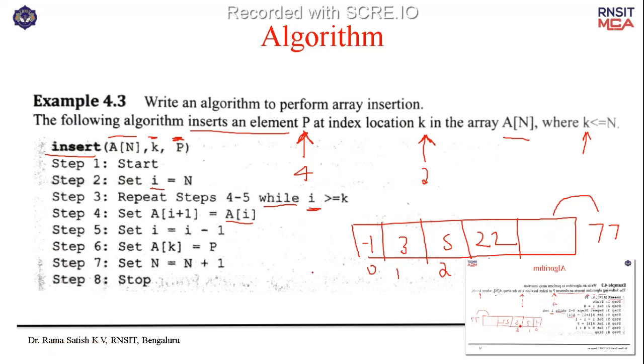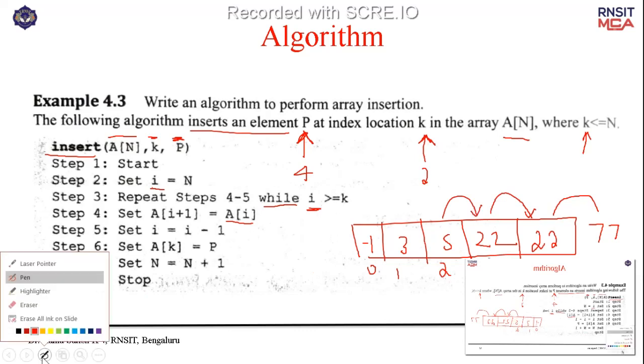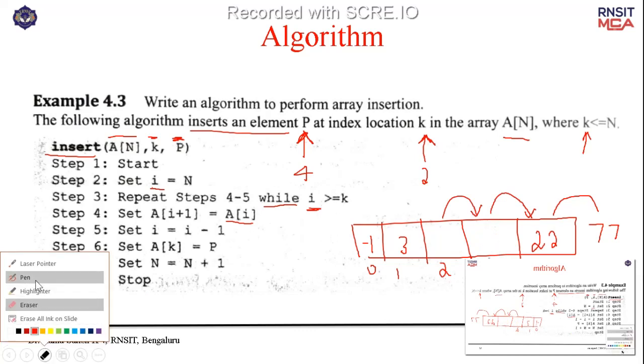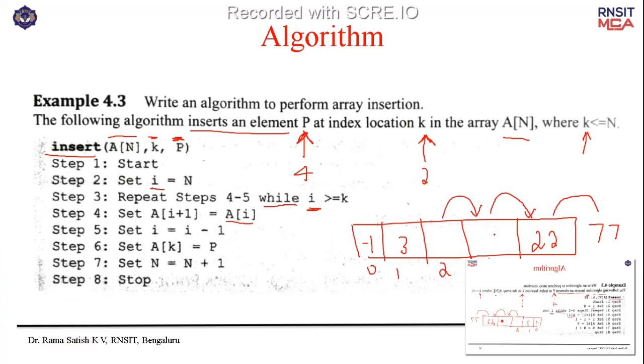Now, what happens? 22 has to be moved. So 22 will move to this position, and 5 will move to this position. So this position is empty, and of course, there is a free space.